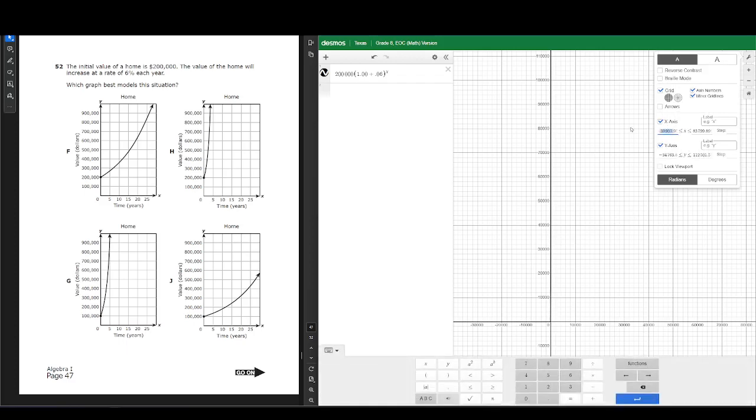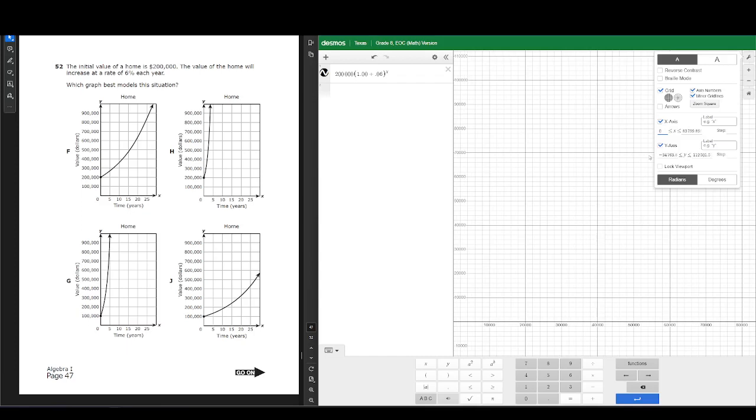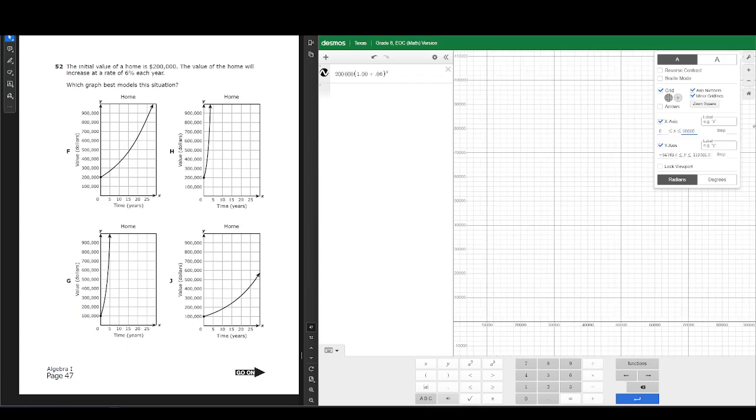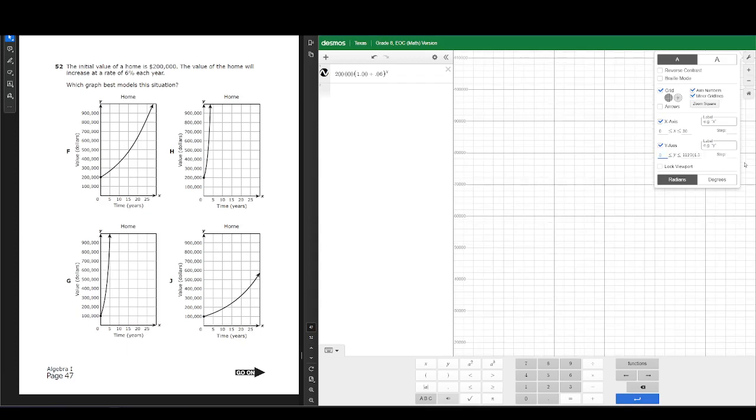Our y-axis, notice all of the graphs in the answer go from 0 to 900,000. And the x's go from 0 to 30. And the y's all go from 0 to 900,000.